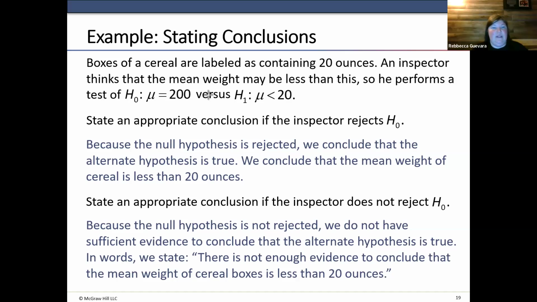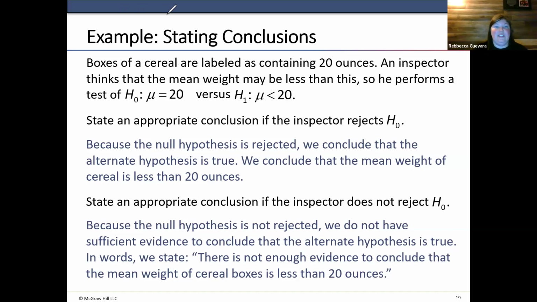We had stated this already: the null hypothesis is that boxes of cereal are what they claim, they have 20 ounces in them, versus the alternative hypothesis, which supports what the inspector is thinking, which is that they actually, on average, have less than 20 ounces. Meaning the cereal companies are lying to us.